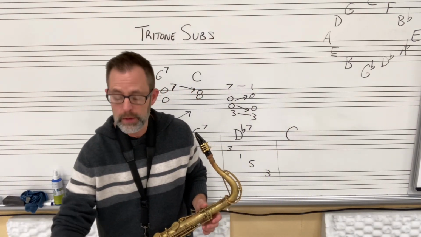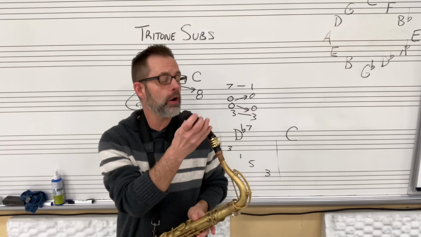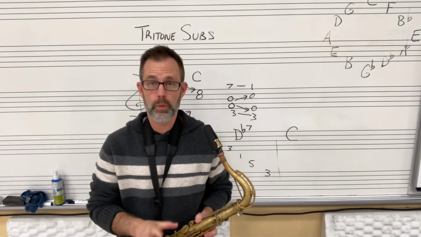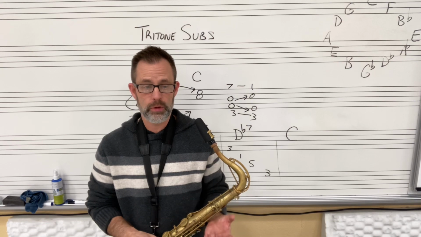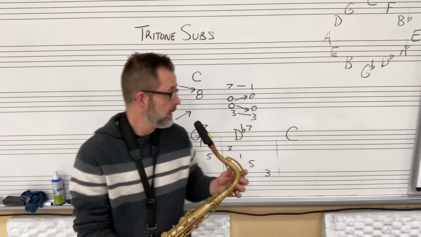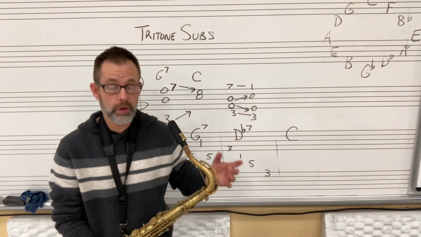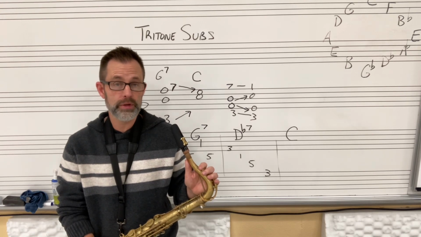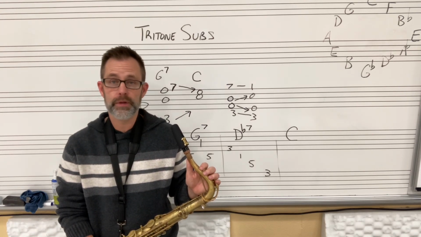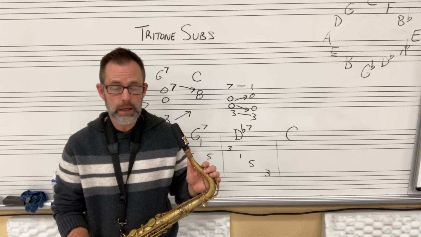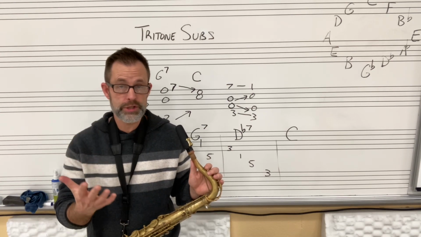I started by just doing major triads a tritone away. Major triads a tritone away so that I knew what the pairs were. And I would alternate those triads and think about good points of resolution. They're great patterns for technique, but they're also great patterns to stretch your ear.